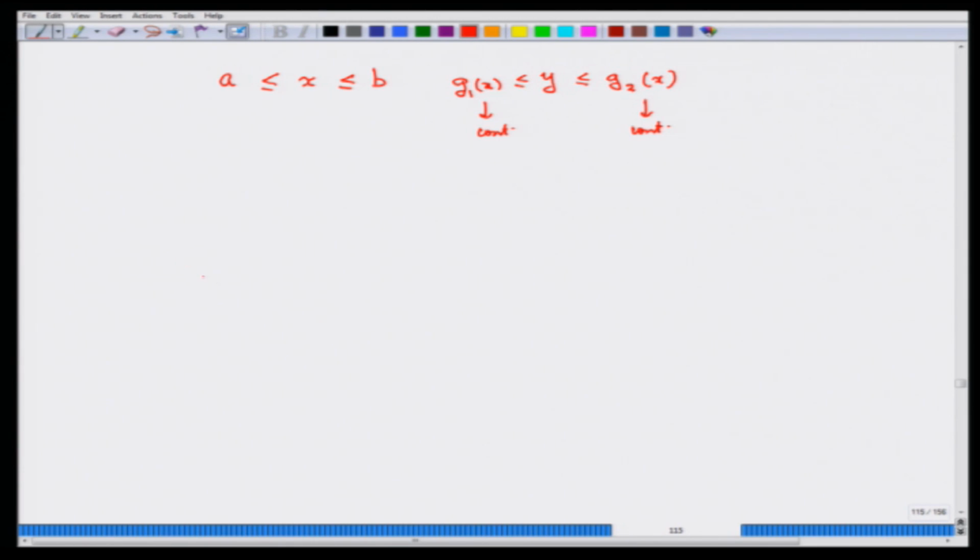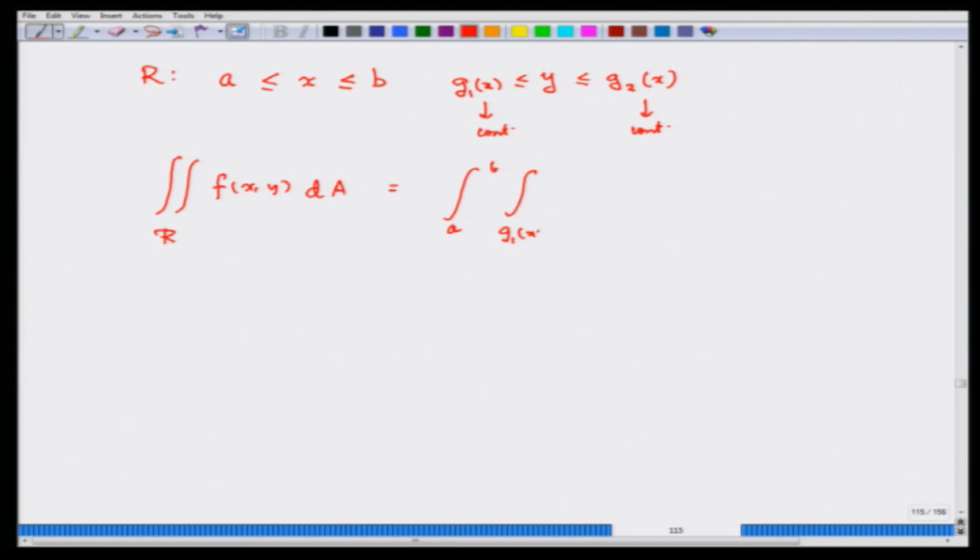In that case, my domain now is this. So, what is the meaning of this integral? How do you compute it? Because x is fixed, keep that as the outer one and do the functional calculations, because y is now in terms of functions of x.